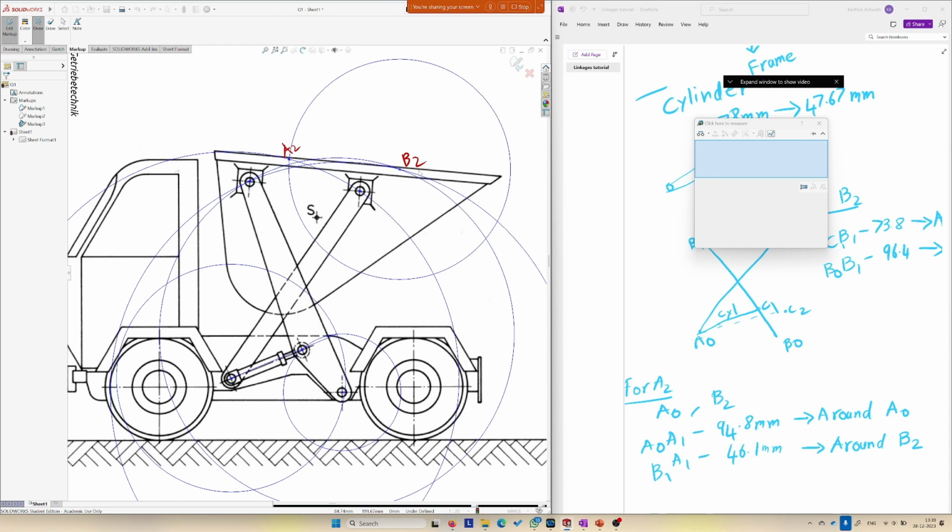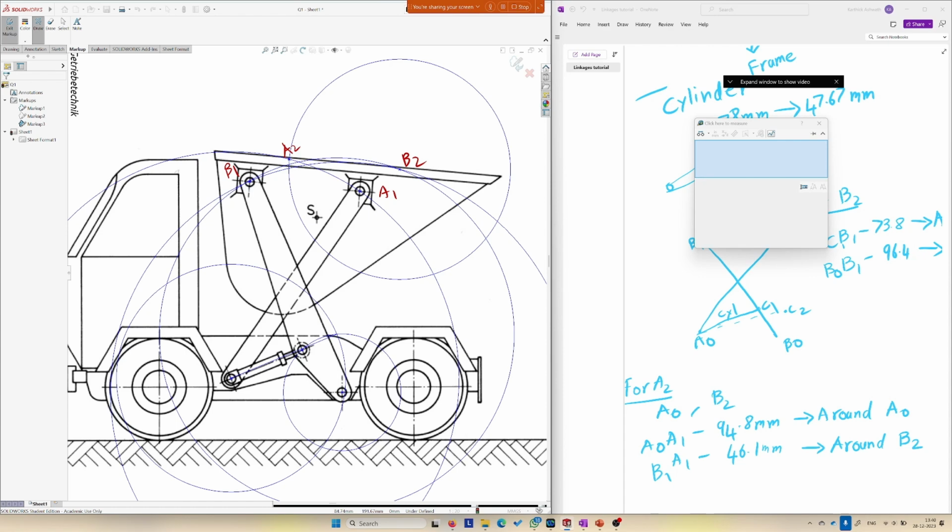I solved this in class as well, so I'm just checking that solution. So the B2 point is definitely correct, but the A2 point is wrong because then the bucket would be upside down. If I continue, this was B1 and this was A1, and for it to be flipped, the bucket has to be upside down on top of itself, which is wrong.